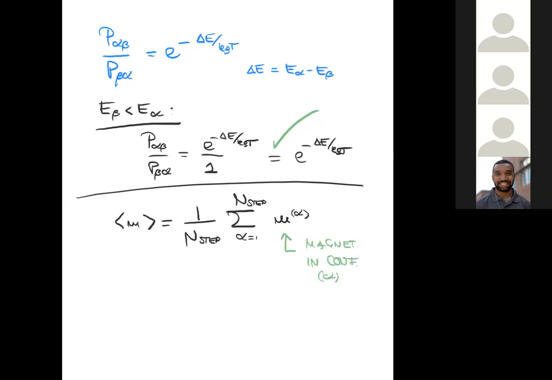And on the left, this is now my average, but it's the average corresponding to the distribution rho star. But this rho star, we know from checking the detailed balance condition, is just the Boltzmann distribution.